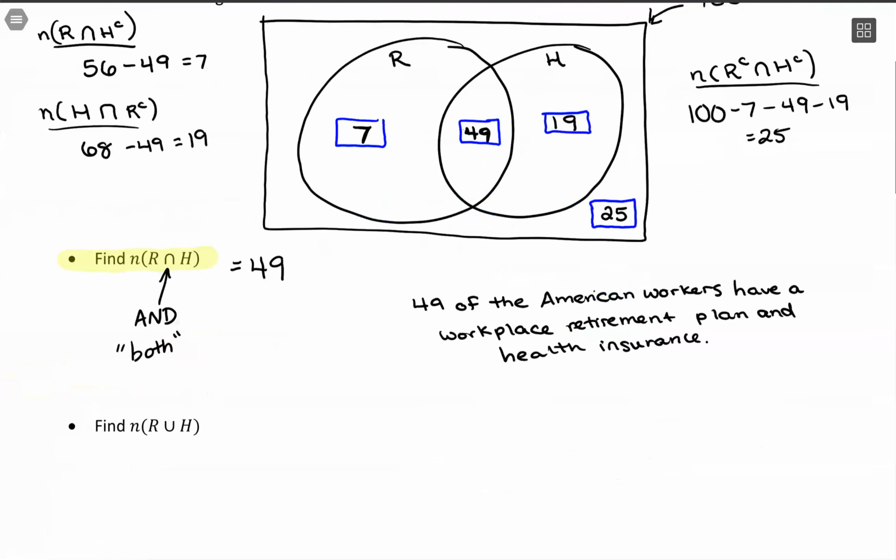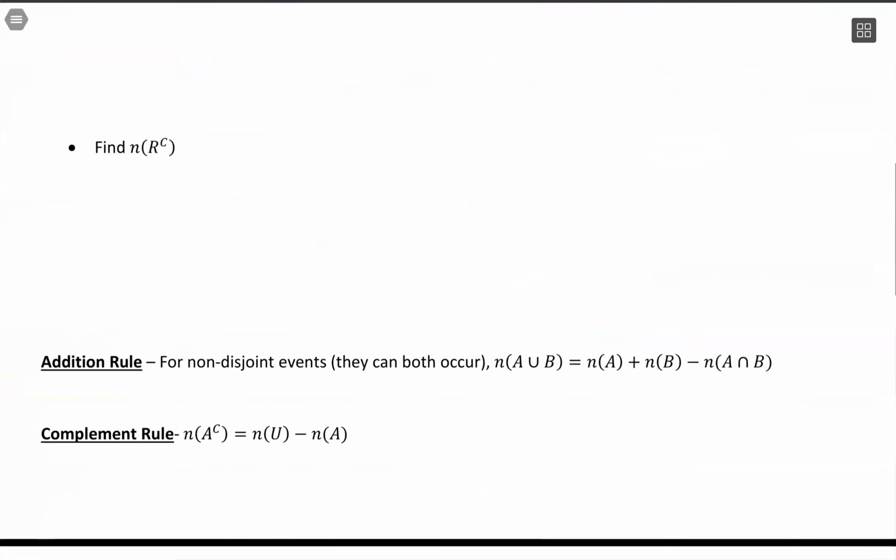And we're going to see these rules come up that I put at the bottom here. I'm going to talk about something called the addition rule. And the addition rule comes up when we're looking at unions. And then we also have a rule for complements that we can talk about as well. Now with these rules, and we're going to see these rules again when we get to probability, it's very closely tied together. But there are ways around these rules.